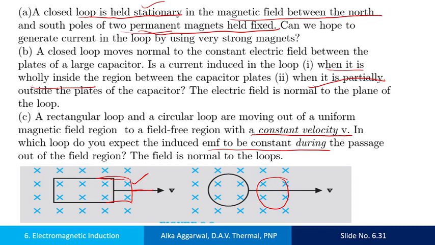In the circular case, the rate of change of area with time is not constant. So it is expected that the induced EMF is constant in a rectangular loop, as the rate of change of area is not constant in the case of a circular loop.